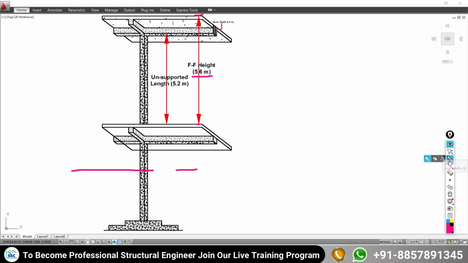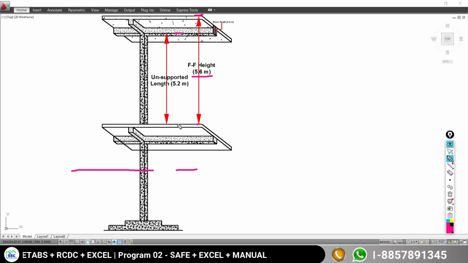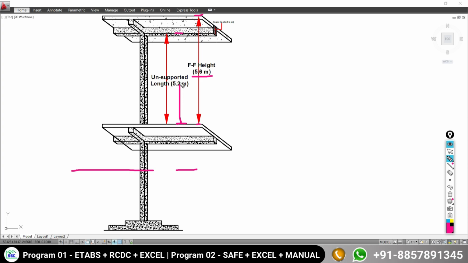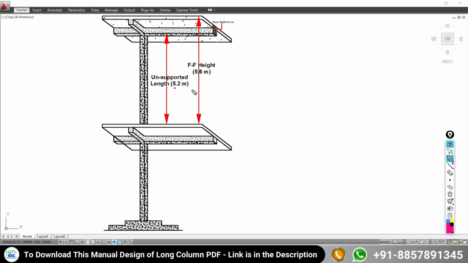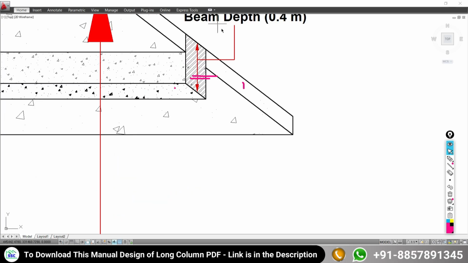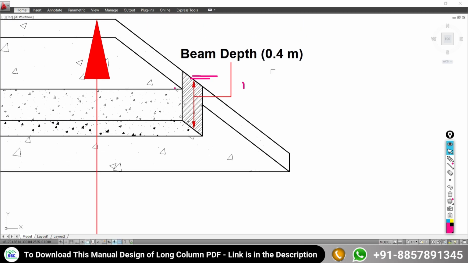But our intention is to find out the unsupported length of the column, and that unsupported length will be from the base of the beam up to the top of this slab. This distance will give you the unsupported length of the column. How can you calculate it? That is very simple. We have the total floor to floor height as 5.6 meter and we also have the depth of the beam, given as 400 mm, which becomes 0.4 meter.